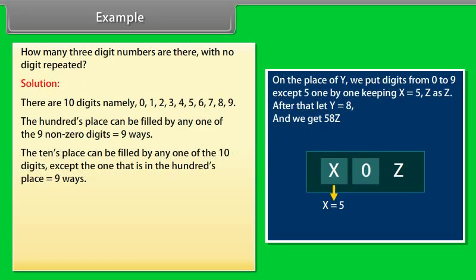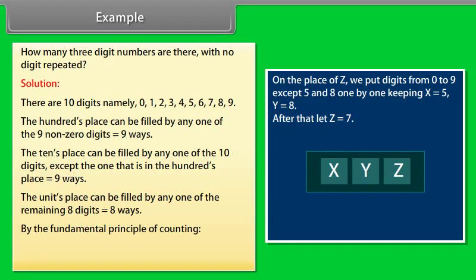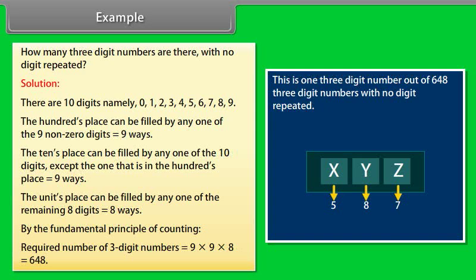The tens place can be filled by any one of the 10 digits except the one that is in the hundreds place is equal to 9 ways. The units place can be filled by any one of the remaining 8 digits is equal to 8 ways. By the fundamental principle of counting, required number of 3-digit numbers is equal to 9 into 9 into 8 is equal to 648.